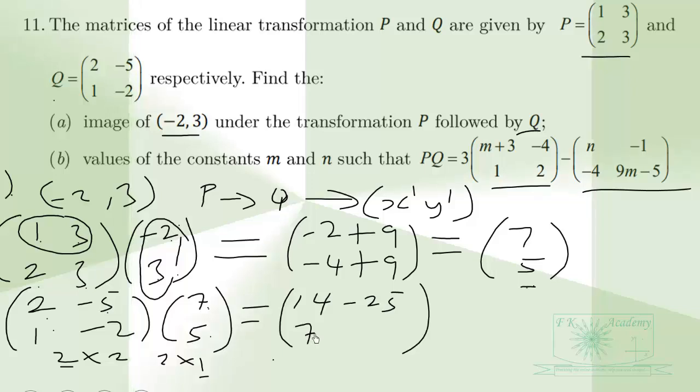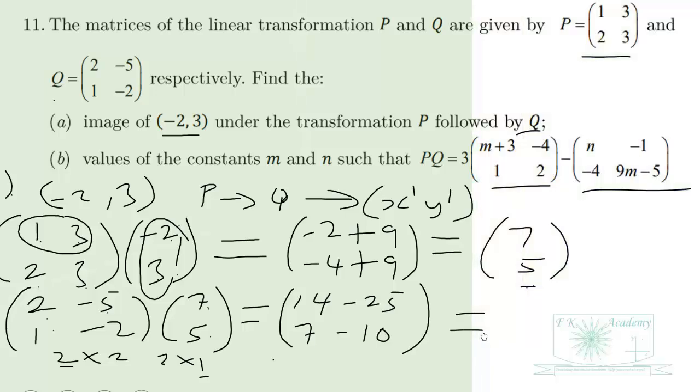Then we have -2 times 5, which is -10. So in actual fact, we are adding -25 and we are adding -10. And we know when negative and positive meet, the negative overshadows the positive. So this will be 14 minus 25, which gives us -11, and this will be -3.